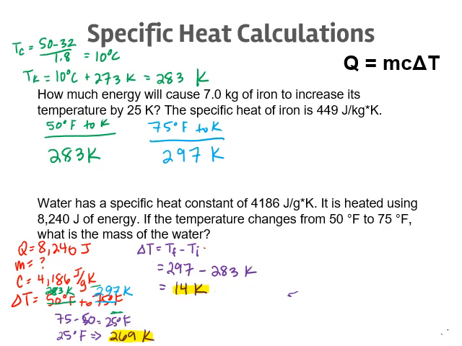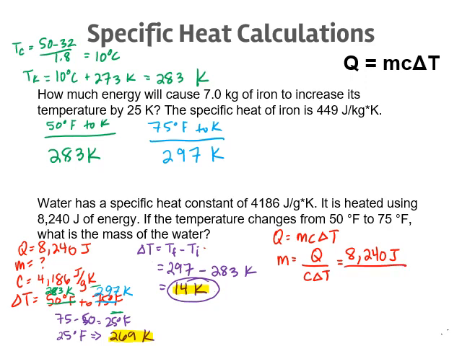So now that we have the temperature change, we can actually solve the equation Q equals mc delta T. We're trying to solve for mass, so we need to get that by itself. That is mass equals Q divided by C delta T. Q is going to be 8,240 joules. Again, make sure you're writing your units so you can see what cancels out.